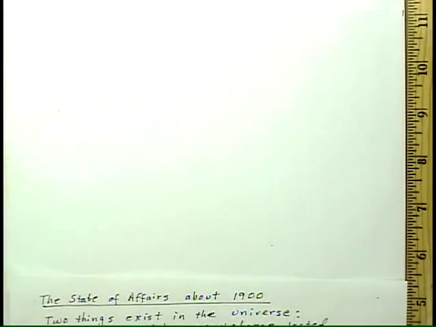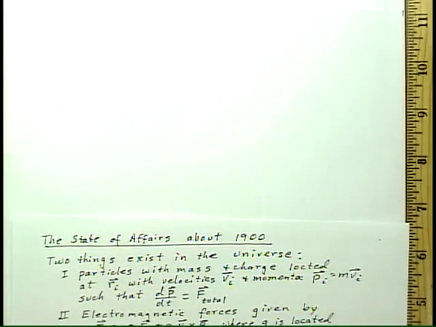We had particles that had mass and charge located at certain position vectors Ri with velocity vectors Vi and momenta Pi that obeyed Newton's second law of motion, which basically said that the time derivative of the momentum would be equal to the total force on the system. This had been developed over the last 100 years and explained all of the particles that had mass.